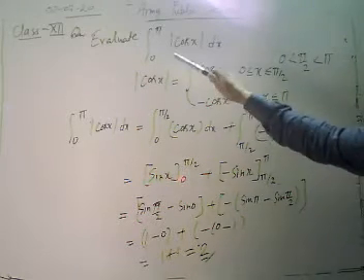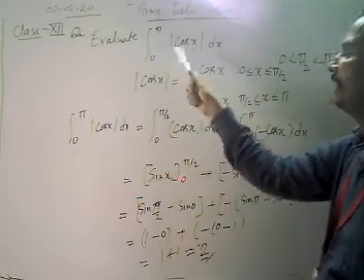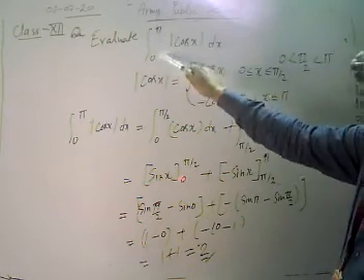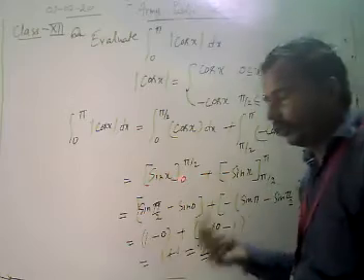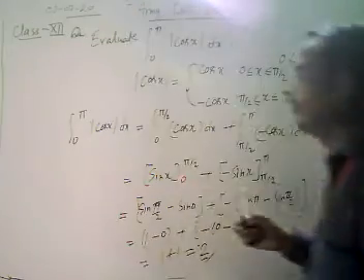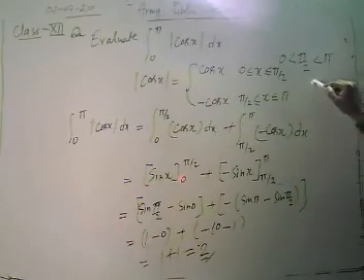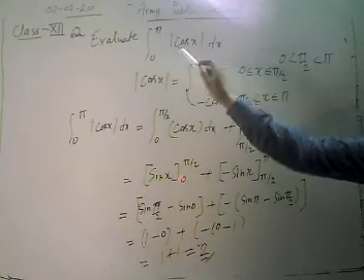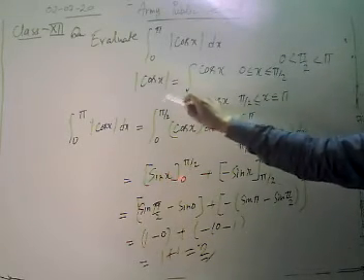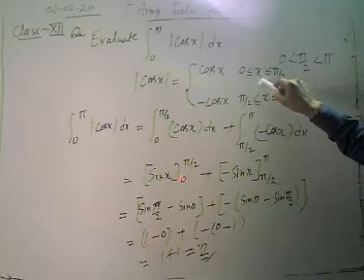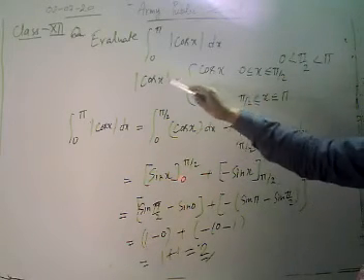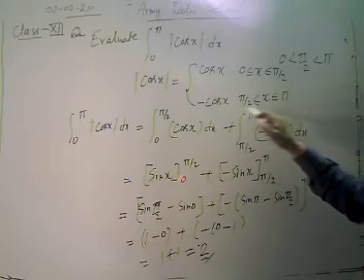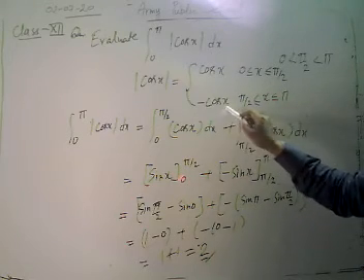In the same manner, we take the generalized value. The limit lies between 0 to pi. We take the general cos x equal to 0, then we get its general value satisfied. The value is pi by 2. Pi by 2 lies between 0 to pi. Then we break the modulus cos x in the regions 0 to pi by 2 and pi by 2 to pi. In the first region cos x has a positive value, so mod cos x is cos x, and in the second it tends to be negative, so it is minus cos x.